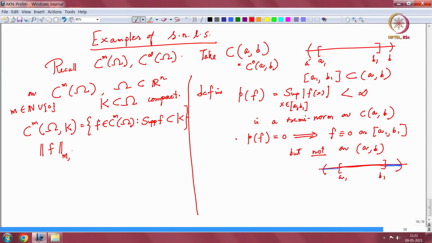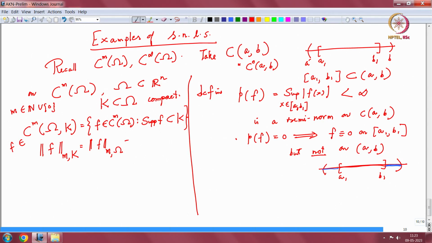I can put it also on K, because whether you write this or not does not matter, since we are taking f from there and outside of K you will not have anything.